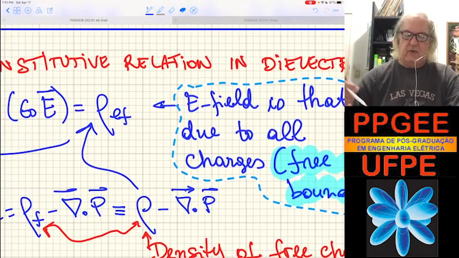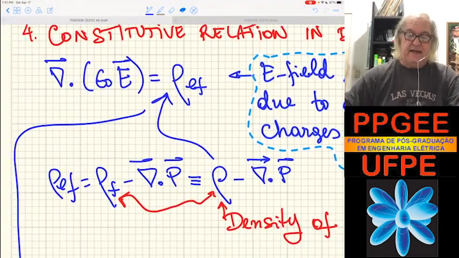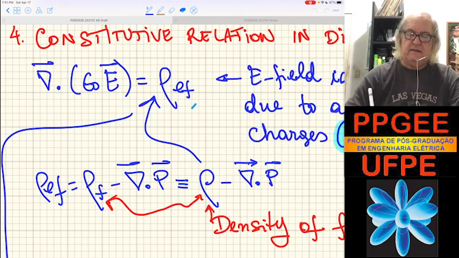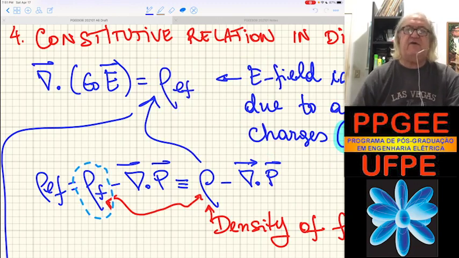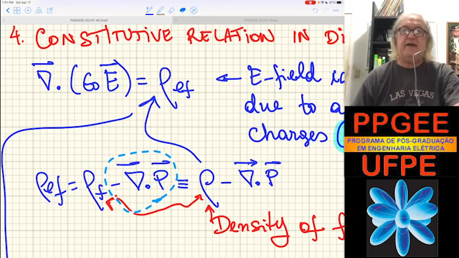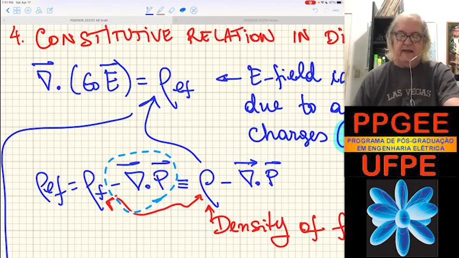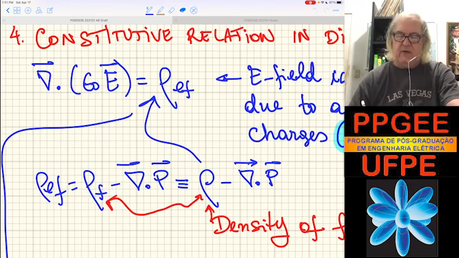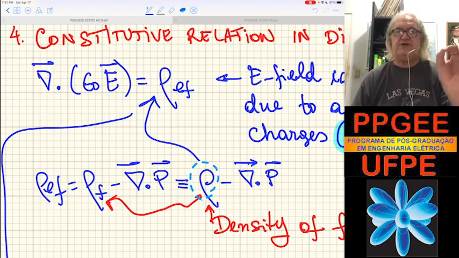If we remember, right, that the effective charge density is the sum of the free charge volume density plus the bound charge density, which is minus the divergence of P, we are going to drop that subscript. Now, every time we look at the rho, it's going to be the free charge density.